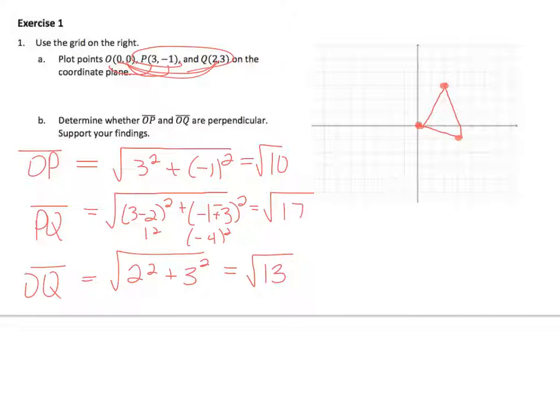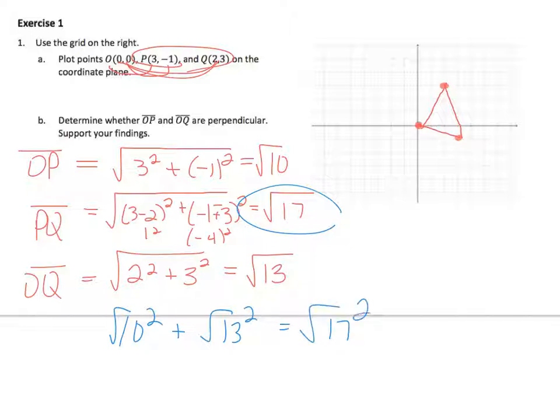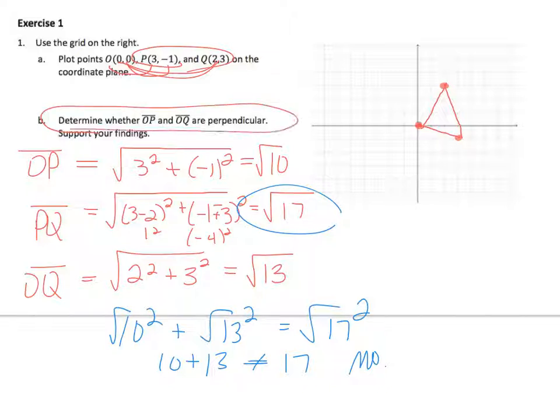That was painful. Sorry. So let's see if it's a right triangle. That's our longest side. So a squared plus b squared equals c squared. I have 10 plus 13, which is not equal to 17. So no, this is not a right triangle. Correct? So if we go back to the problem though, it's asking us to determine whether they're perpendicular, OP and OQ.